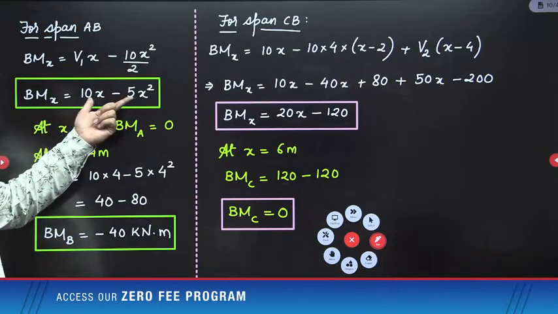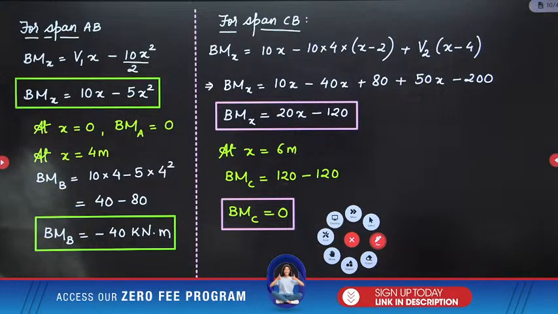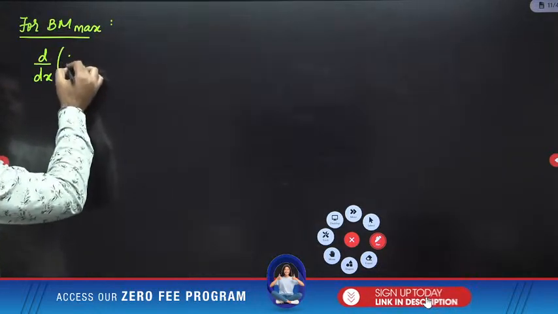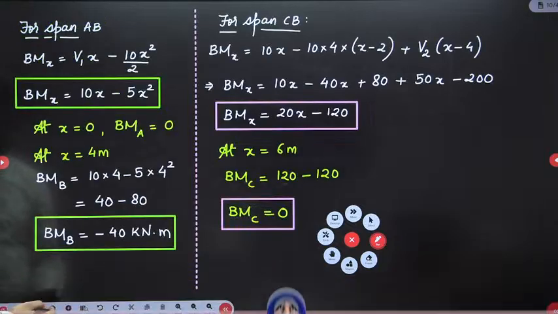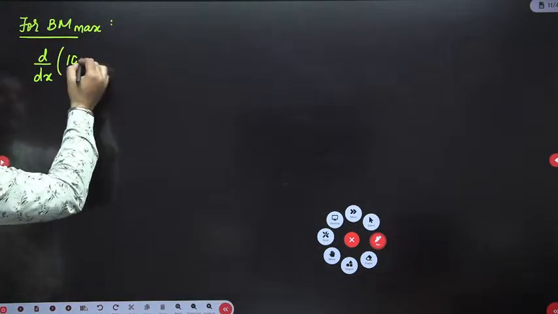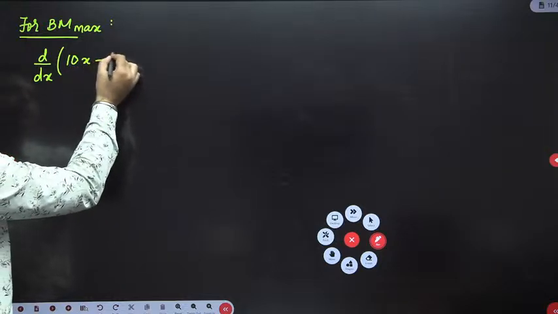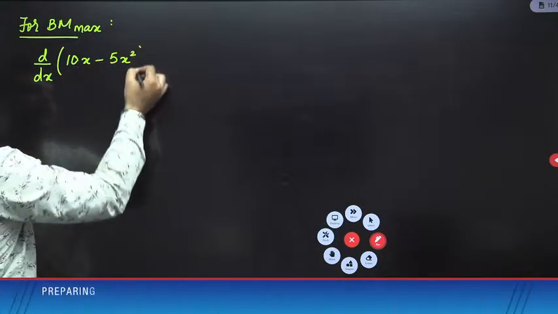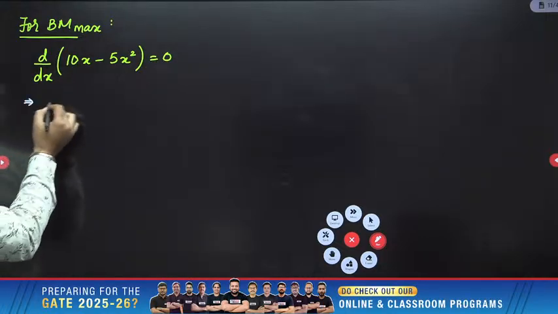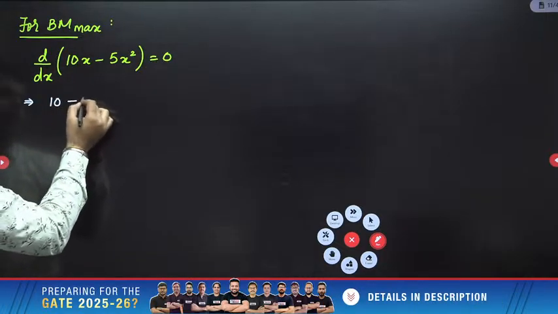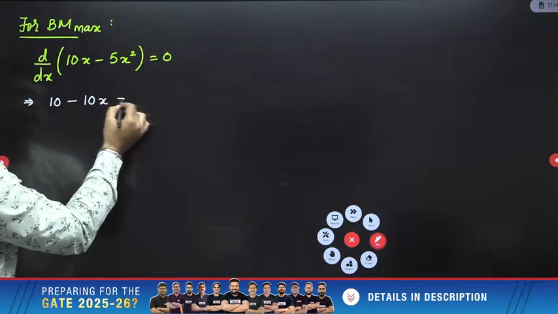So d by dx of 10x minus 5x square is equal to 0. So this will be 10 minus 10x is equal to 0.